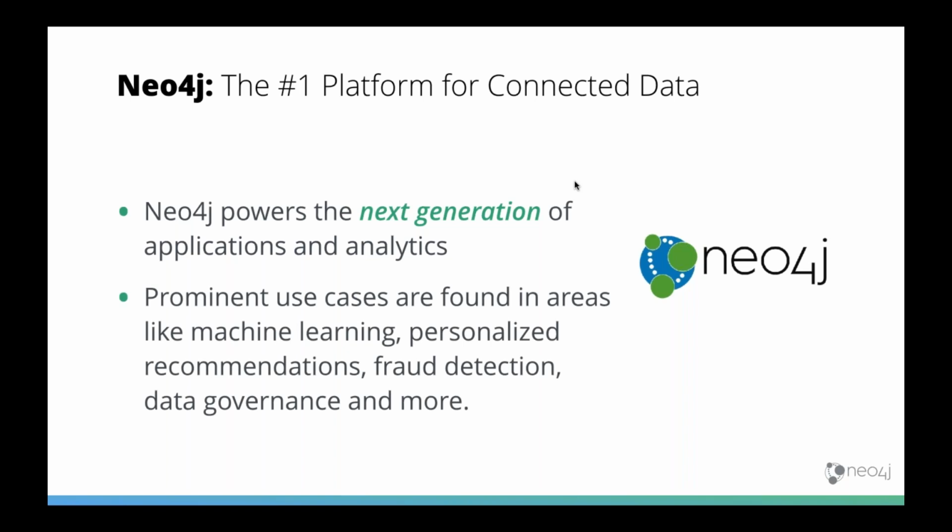We have use cases that range from machine learning to recommendations to fraud to data governance. And actually, one of the most fun things to do is to work with our customers and watch them start with one use case and then find another one and another one and another one. That's something that I enjoy quite a bit.